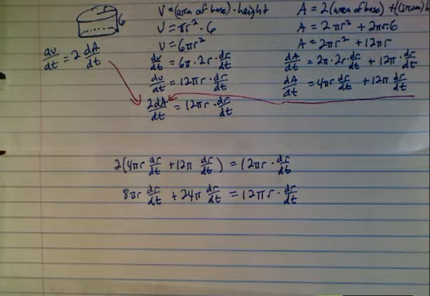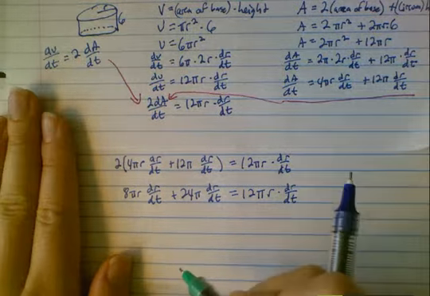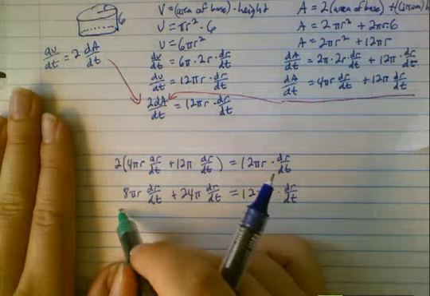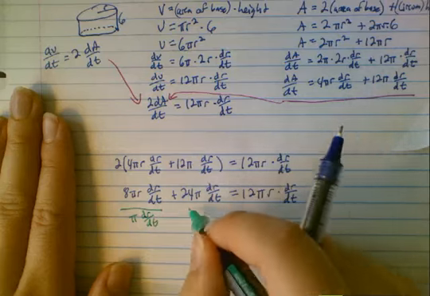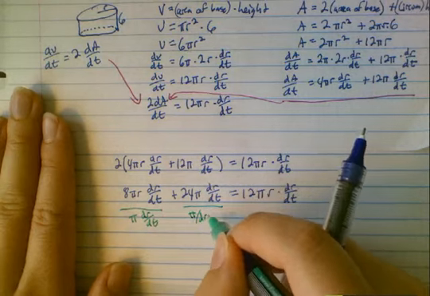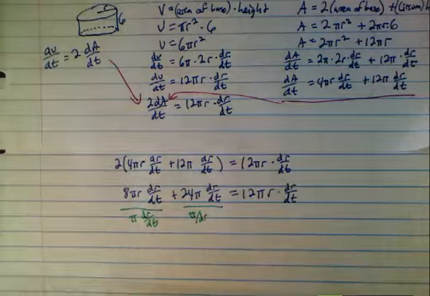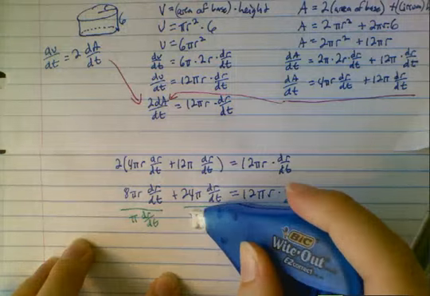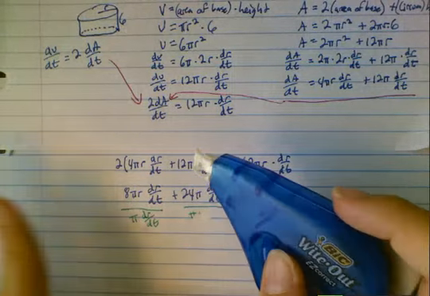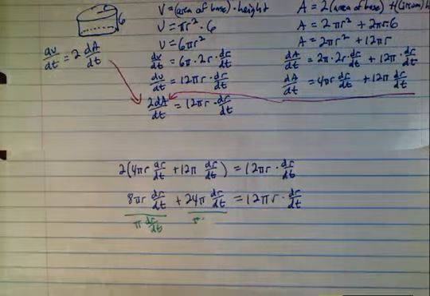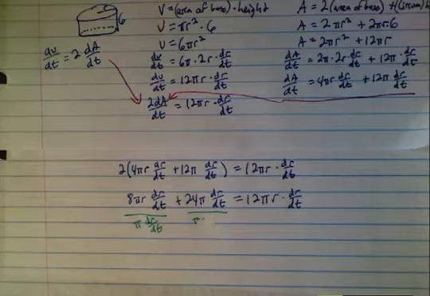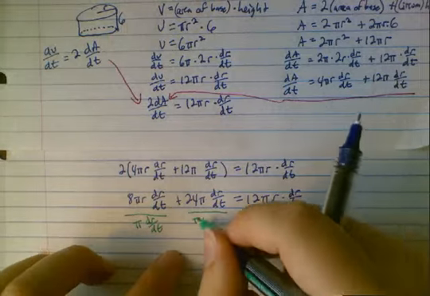Now, one of the things that I noticed looking at this is that every single term has a pi and a dr/dt. So that means we can divide everything by pi dr/dt, presuming dr/dt is not 0, which if the volume and surface area are changing, it can't be.